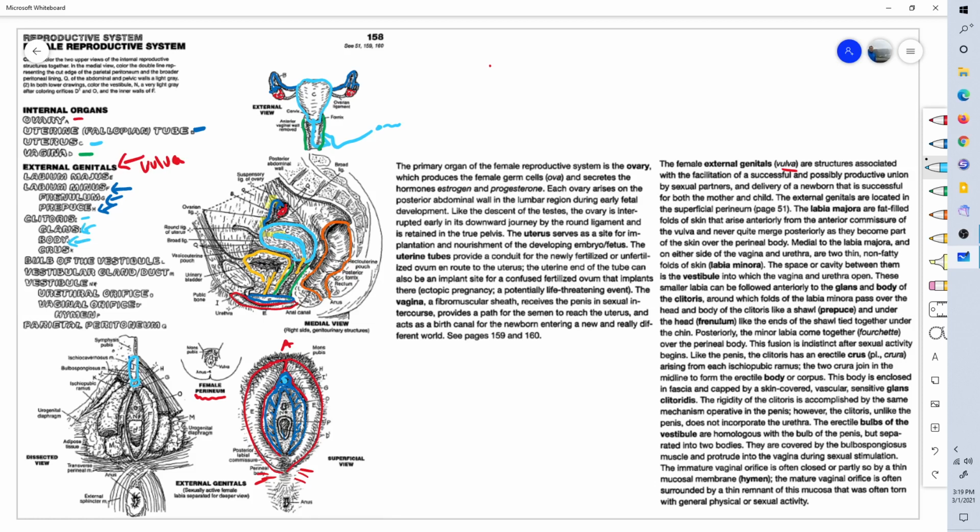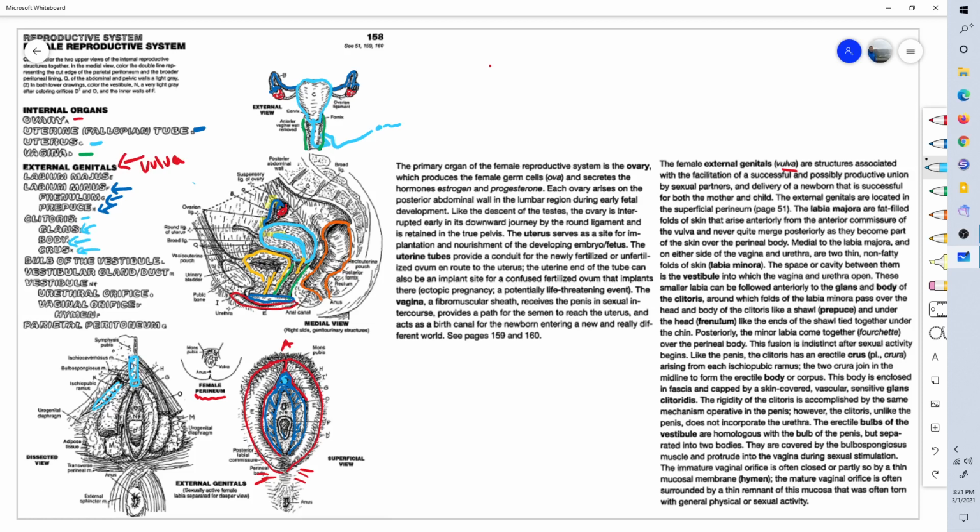The crus is also similar to the penis as well, in that it is attached to the pubic bone here, and is also similar because it, as I said, becomes vascular and flush with blood when stimulated, and the clitoris becomes rigid.